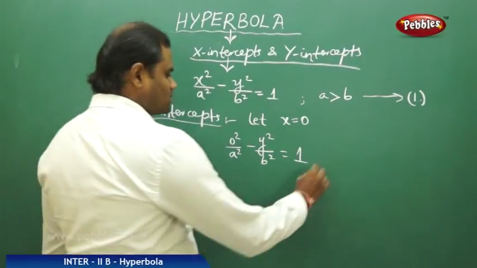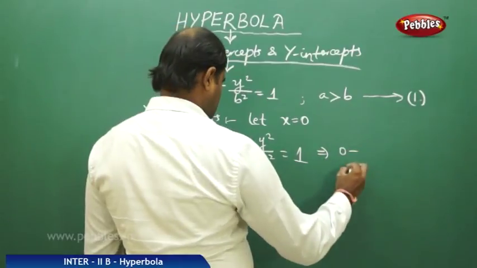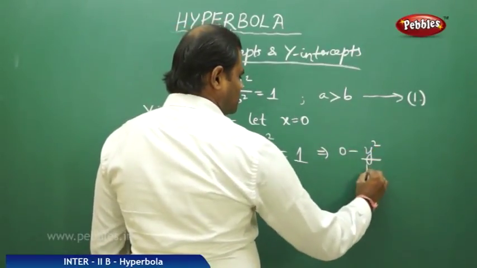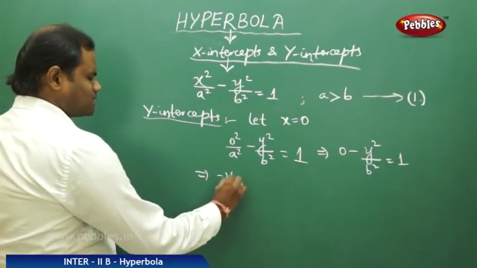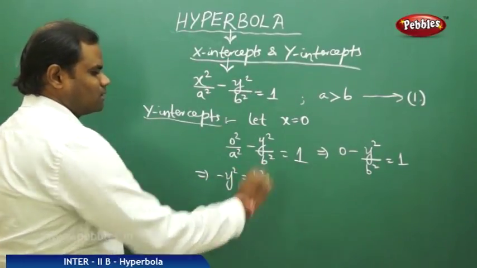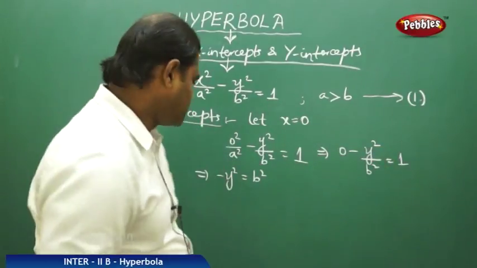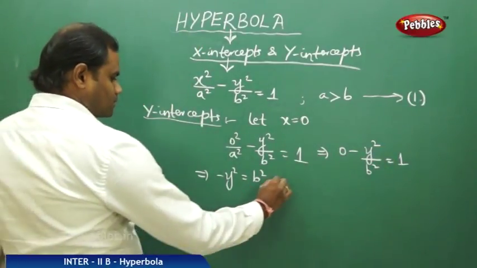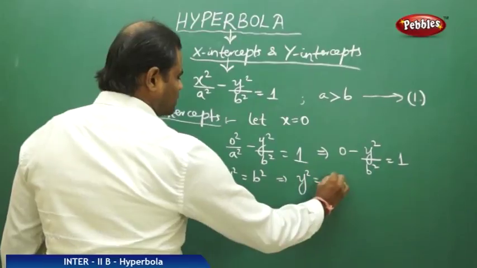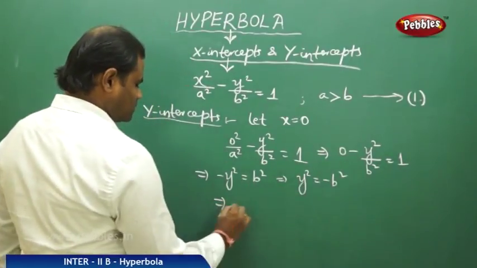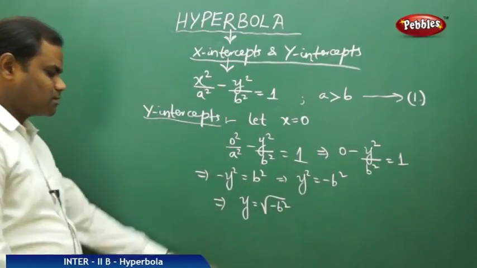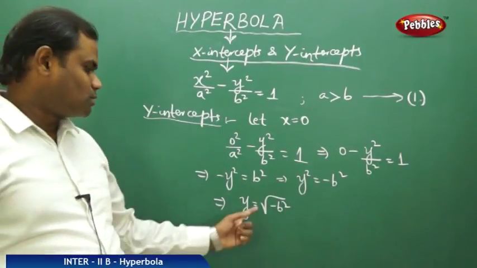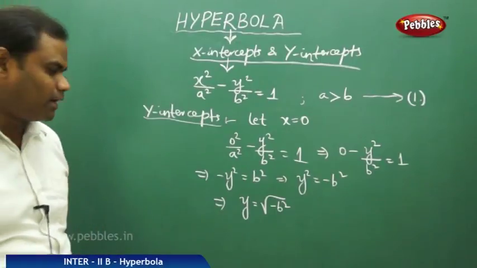And this, on further simplification, gives 0 minus y squared by b squared equal to 1. That implies minus y squared equal to b squared on cross multiplication. That implies y squared is minus b squared. But this is not possible because the root of a negative number is not defined.